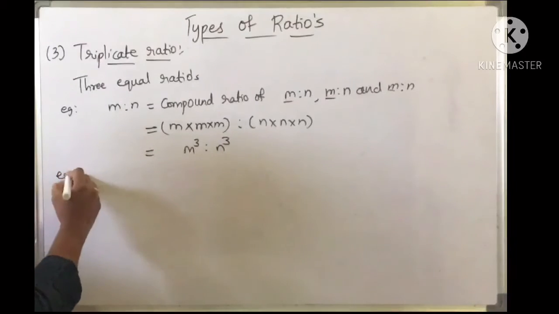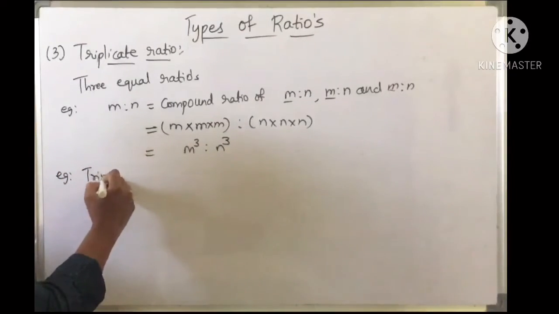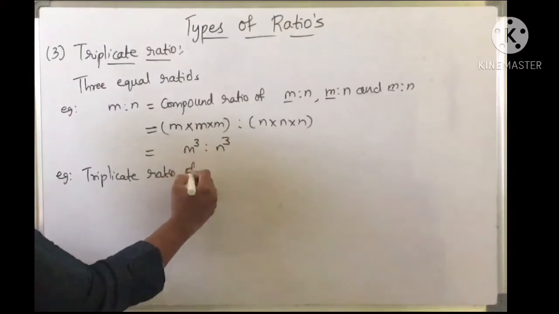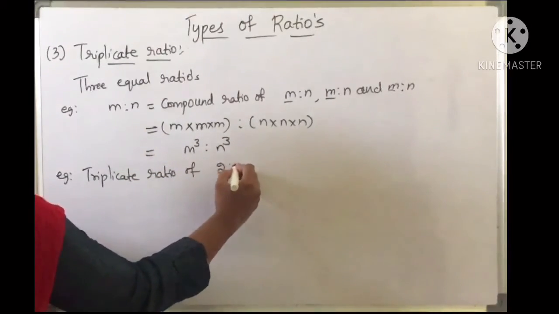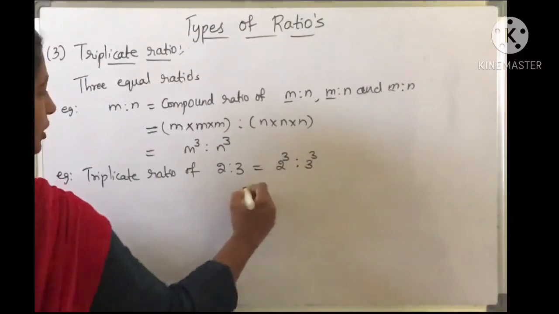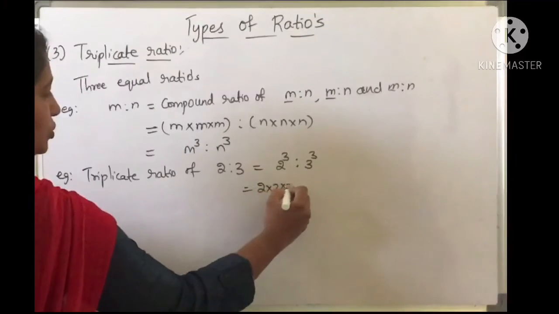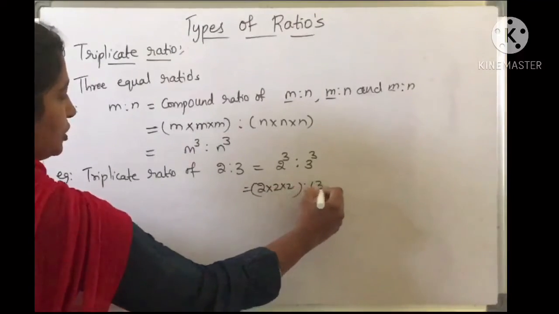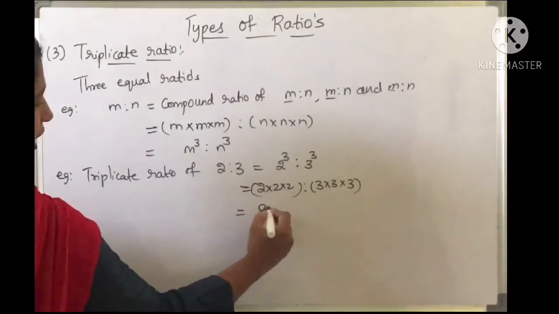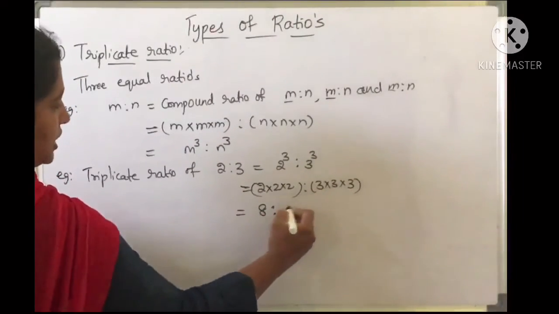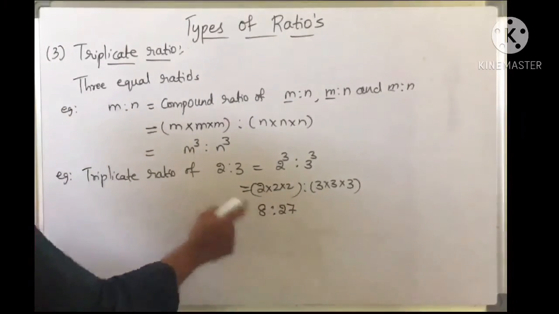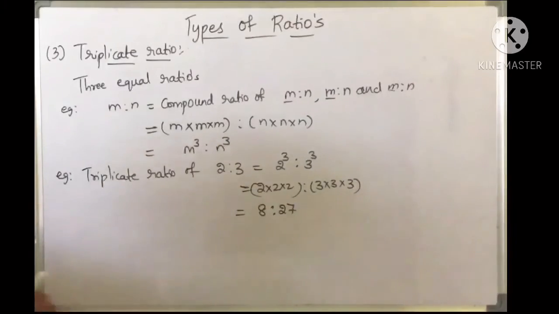For example, if you take numbers, the triplicate ratio of 2 is to 3 is nothing but 2 cube is to 3 cube, that is 2 into 2 into 2 is to 3 into 3 into 3. So 2 twos are 4, 4 twos are 8, is to 3 threes are 9, 9 threes are 27. So 8 is to 27 is the triplicate ratio of 2 is to 3.